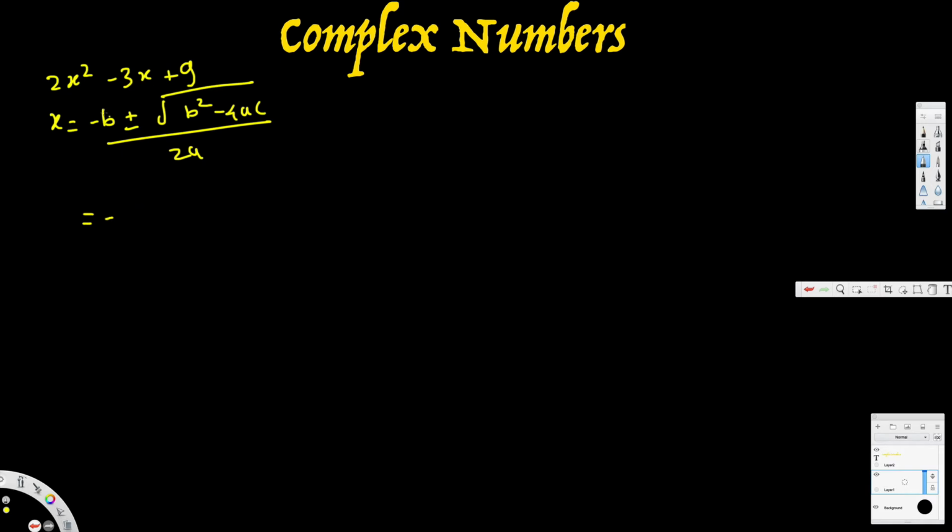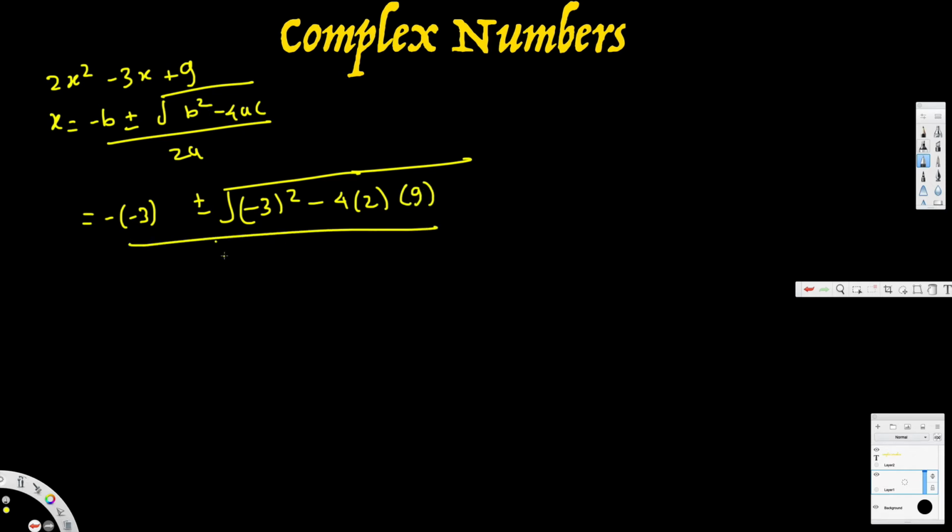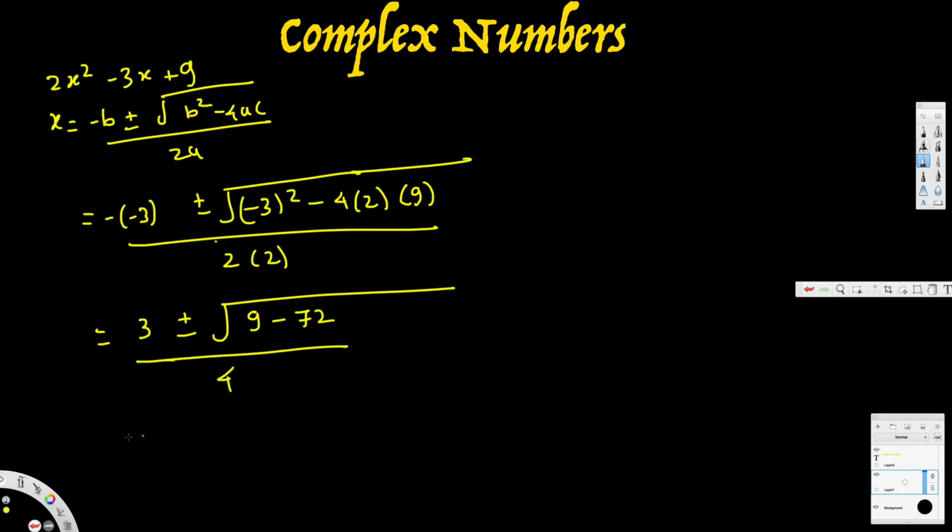In our case b is -3, so -b is 3, plus or minus square root of (-3) squared minus 4 times a, which is 2, times c, which is 9, divided by 2a, which is 4. So 3 plus or minus square root of 9 minus 4 times 2 times 9, which is 72, divided by 4. And 9 minus 72 is -63, divided by 4.